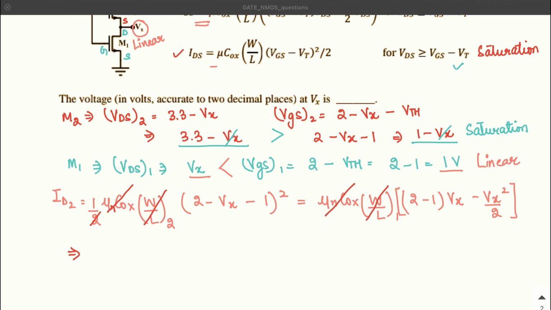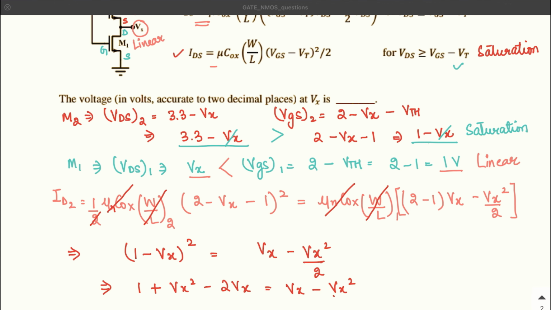And I am left with (1 minus Vx) whole square equal to Vx minus Vx square by 2. So you get 1 plus Vx square minus twice Vx equal to Vx minus Vx square by 2.